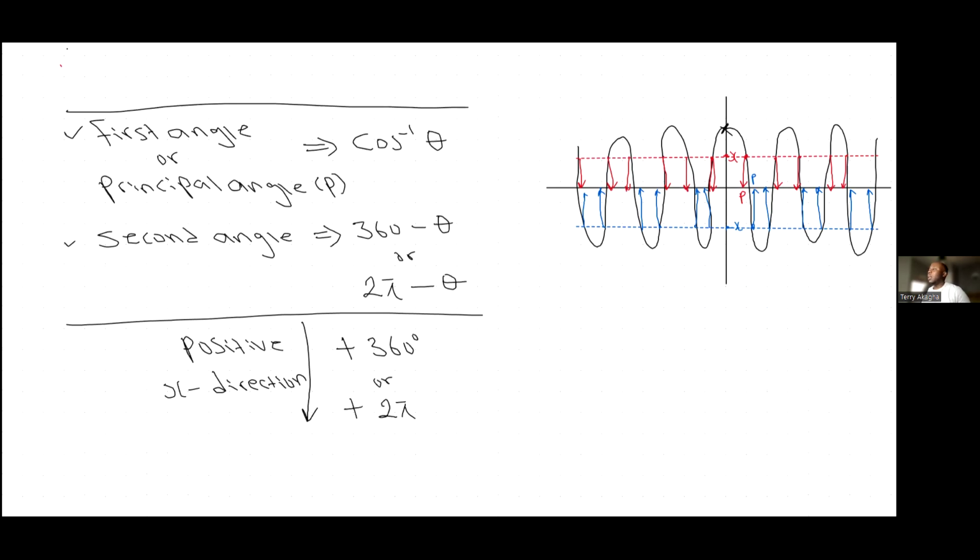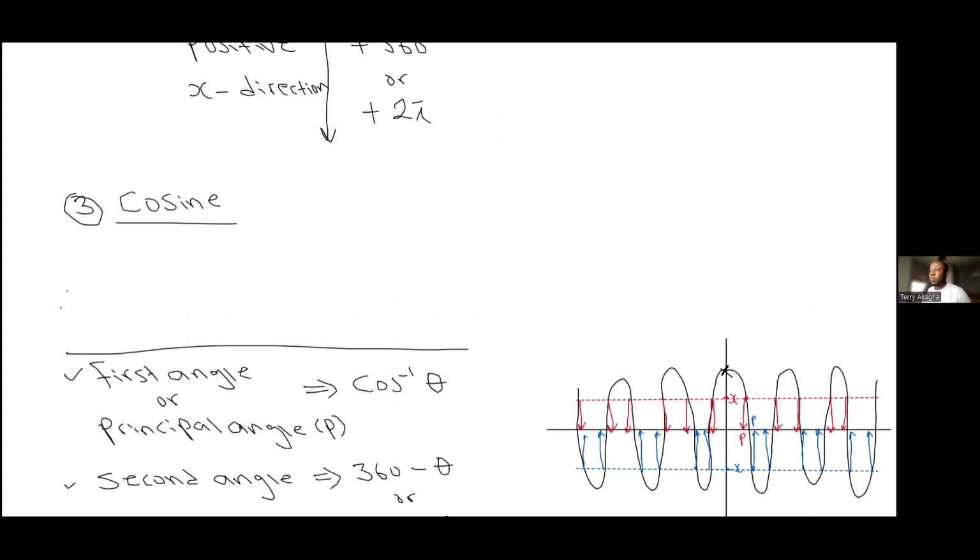Are you seeing it? But if you're going in the negative x direction, you subtract 360 degrees, or if you're working in radians, you subtract 2 pi radians. And that's how you get all the answers for this.